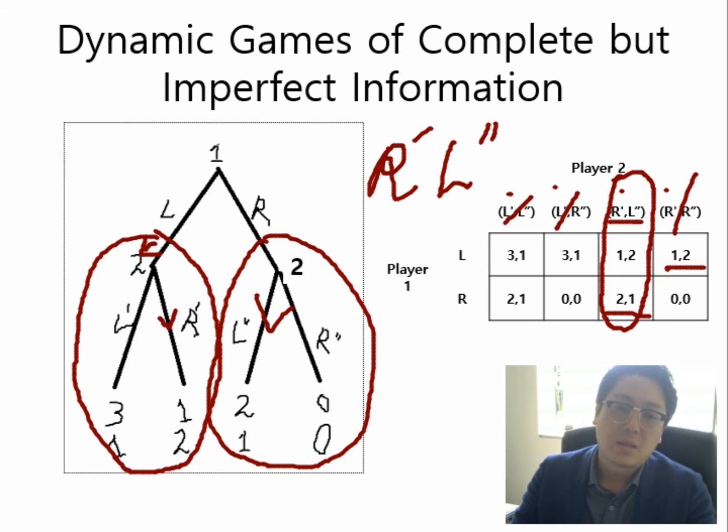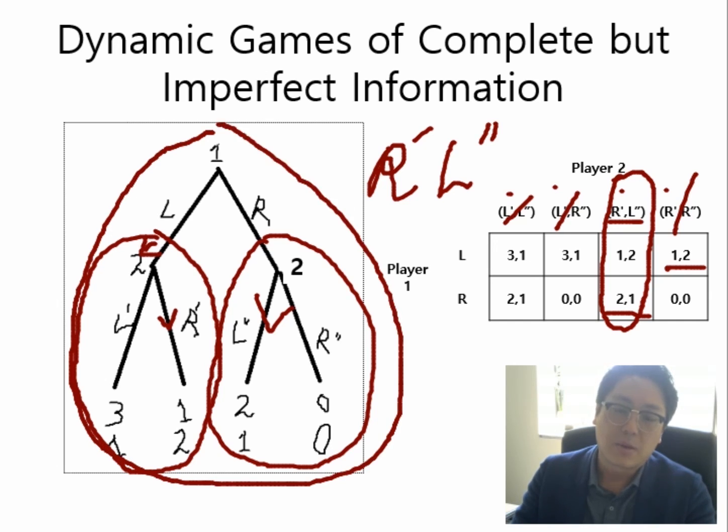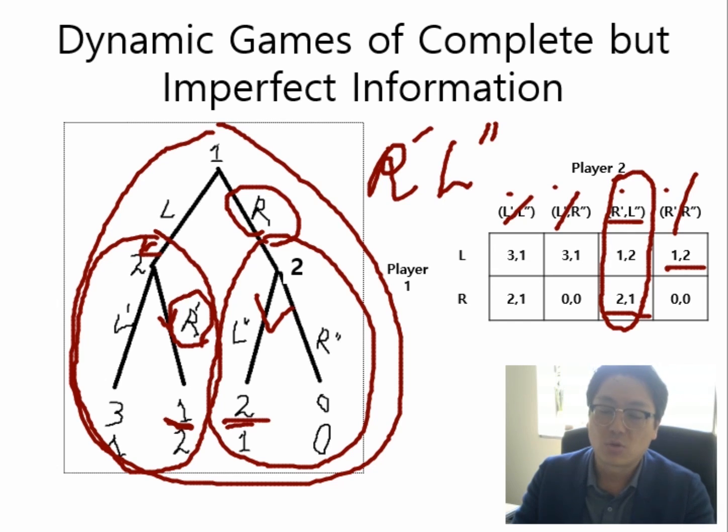And then from the first player's perspective, if the first player is choosing R, the second player surely will choose L'', so the first player will get 1. If the first player is playing L, surely the second player will choose L', so the first player will get 2.